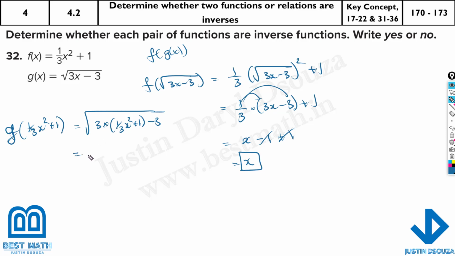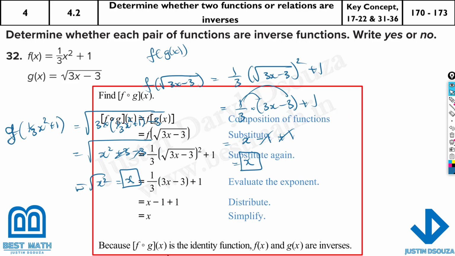So when we multiply here, it's going to be x squared plus 3 minus 3, because you're multiplying 3 to 1/3, it's going to be x squared only. Then 3 times 1 is 3, minus 3 remains. This cancels off. Square root x squared, that is equal to x. So yes, that is inverse. So yes, see now they're telling because it's identity function, they both are inverse.